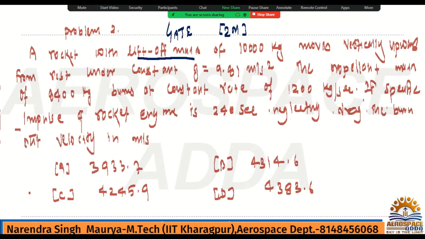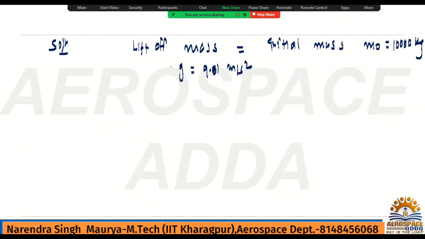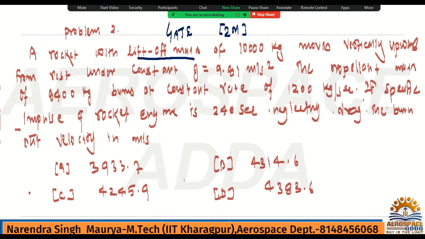Then they have given propellant mass 8,400 kg, burning at a constant rate of 1200 kg per second.